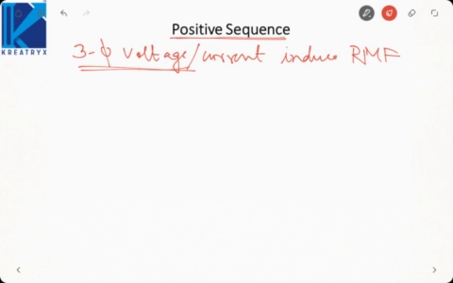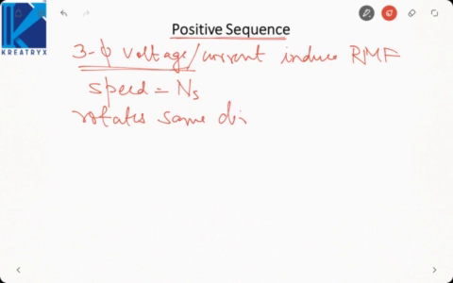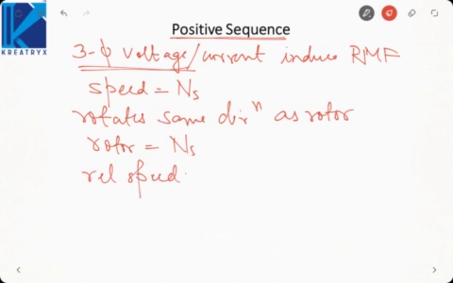The rotating magnetic field will rotate at a speed ns. In case of positive sequence, it rotates in the same direction as the rotor. If it rotates in the same direction as the rotor, that means the rotor is rotating at ns, the magnetic field is also rotating at ns, and both are in the same direction. So relative speed becomes 0.